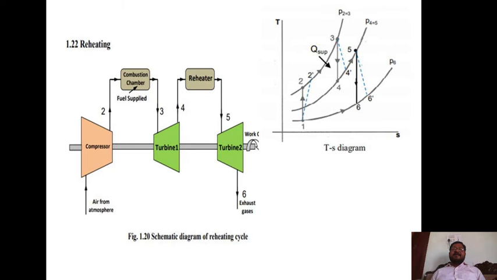Ideal cycle is 1 2 3 4 5 6 1. Actual cycle is 1 2 dash 3 4 dash 5 6 dash 1, meaning including losses. Excluding losses is the ideal cycle, including losses is the actual cycle.